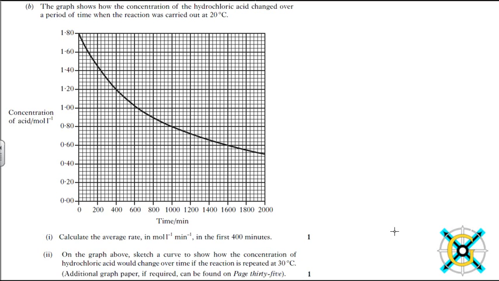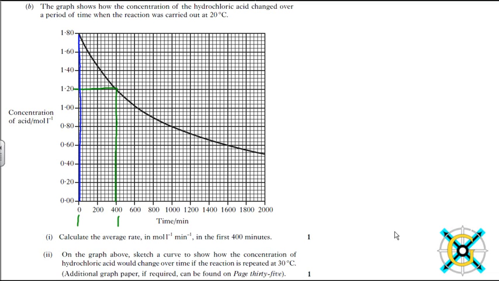jot down the time interval, so between here and here. So now what we need to do is work out the concentrations at the time intervals. So go up, go across. So that's the final, and that's the initial.